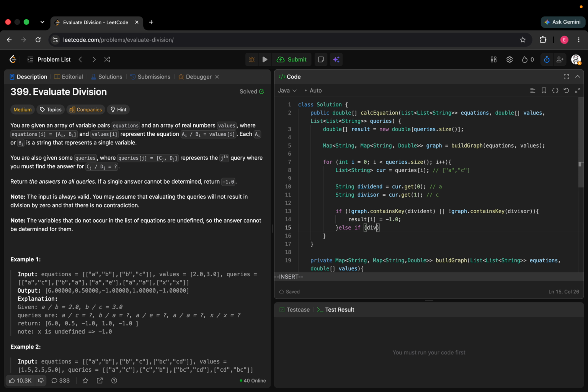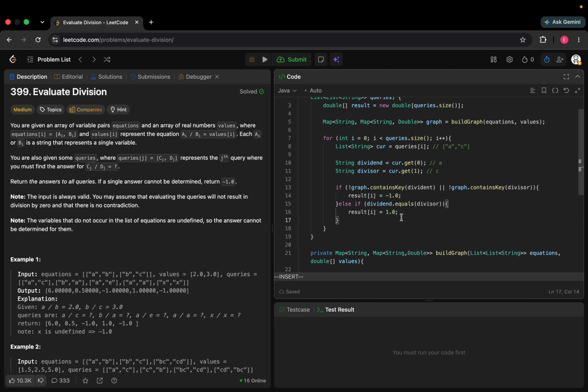If dividend, because it's a string, equals divisor, then result i is equal to 1.